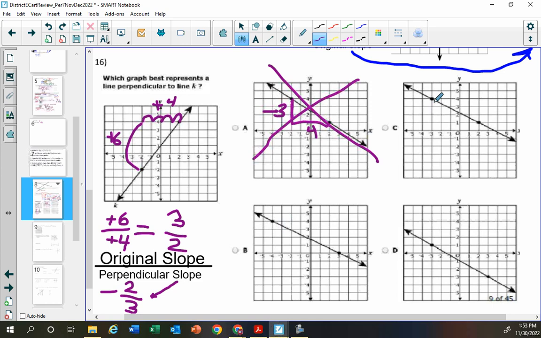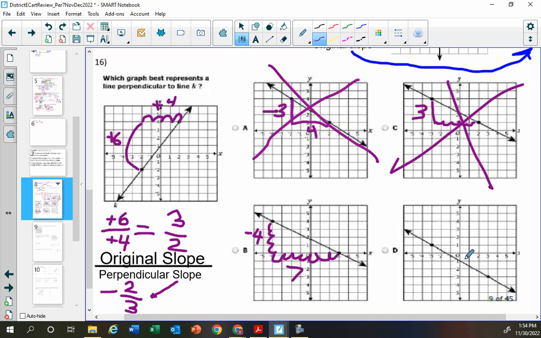Then if you look across, choice C, you went down 1, 2, 3. And then we went 1, 2, 3, 4, 5. Cross that out. And we went 1, 2, 3, 4. 1, 2, 3, 4, 5, 6, 7.